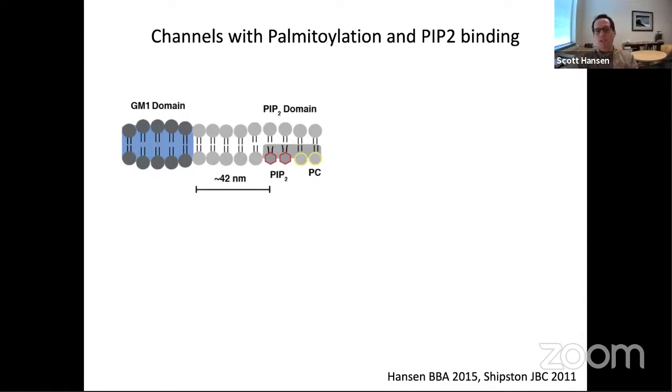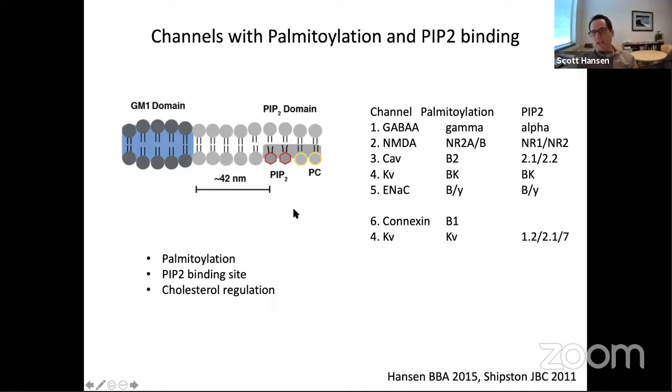How far-reaching will this be? All this system requires is palmitylation, which we know there are lots of proteins that are palmitylated, and then a PIP2 binding domain. And if we just look down through the number of channels that have this criteria, for example, GABA A is a very important anesthetic channel. It is known to bind PIP2, and it is also palmitylated on the gamma subunit.